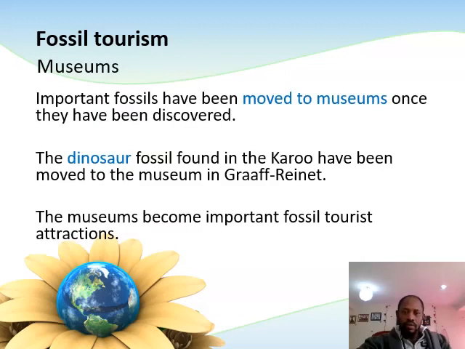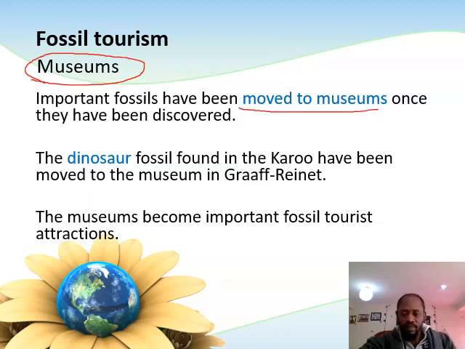Okay, some fossils are left on site, meanwhile other fossils are transferred to museums so that they are well taken care of and they can also be displayed in a much more beautiful manner. So important fossils have been moved to museums once they have been discovered.